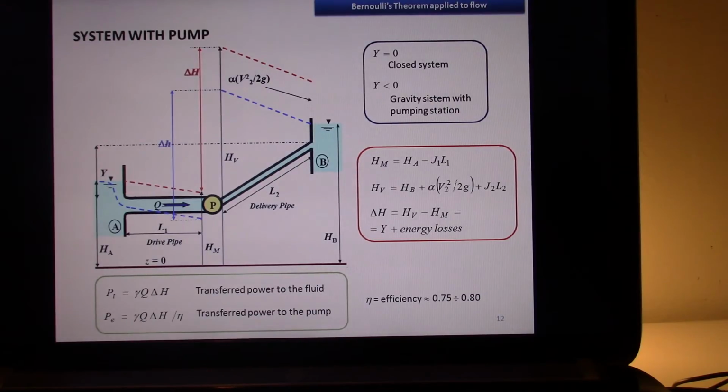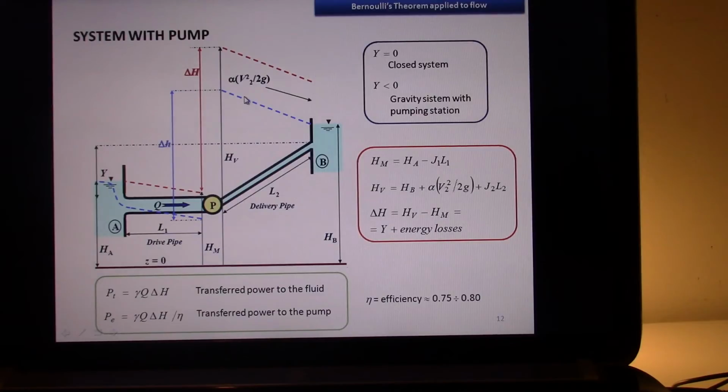Basically, if you observe this scheme, you will see that you have right here a tank which is at a lower energy level with respect to the second tank right there. This pipe usually in a system with pump is called the drive pipe, while this one is the delivery pipe.